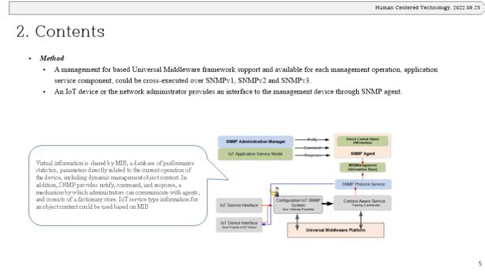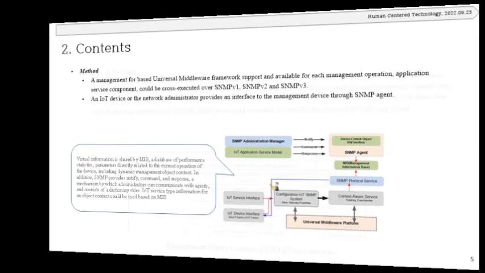It is also an SNMP to IoT application that notifies command and response process based on universal middleware. As you can see on the left side of this page, this includes the MIB information database. So, and go to the next page.